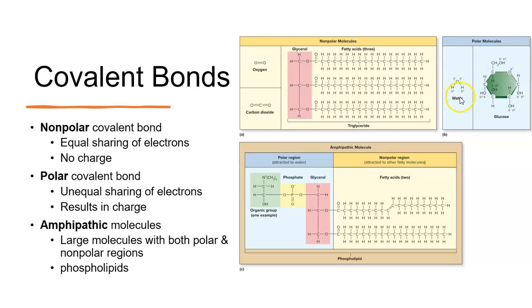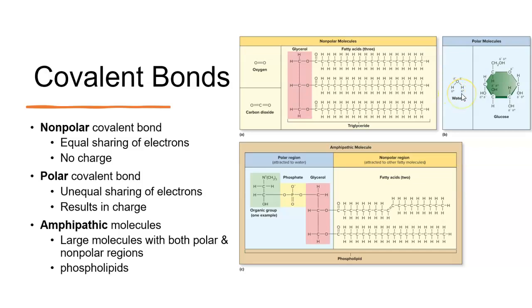Now, when this sharing of electrons happens, it's unequal, and therefore it results in the oxygen pulling the electrons a little bit more, and therefore the oxygen part of the water molecule stays a little bit more negative.